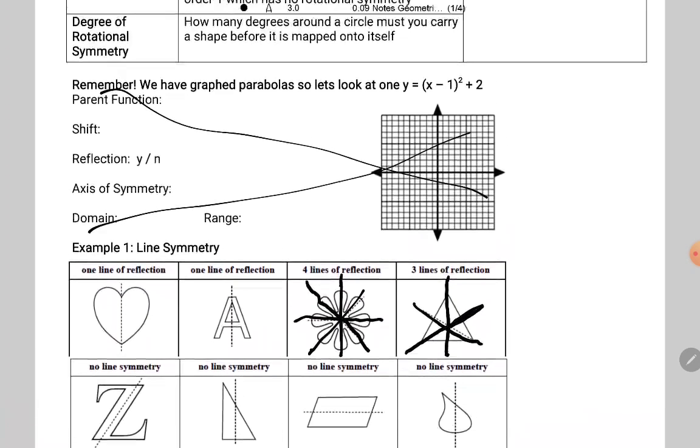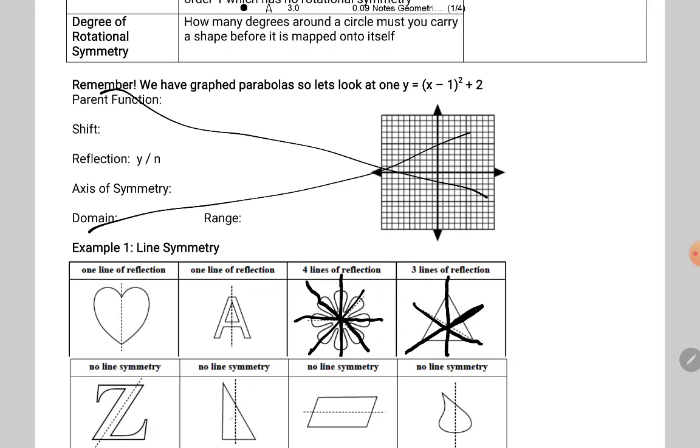Here are some examples of no lines of symmetry. The Z shape here, you try to cut that down, but that does not work. The left does not look like the right because of all these curves. As you can see, this curve here is much larger than that smaller curve up there. Try this triangle.